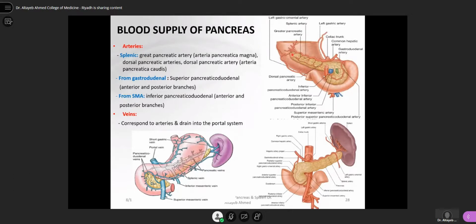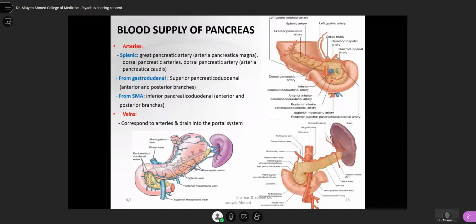It also has a dorsal pancreatic artery, and we call it arteria pancreatica caudalis, close to the tail. And here we have the dorsal pancreatic artery, which comes from close proximity to the splenic. These three arteries anastomose together, but the most important one is the arteria pancreatica magna for the body and tail.